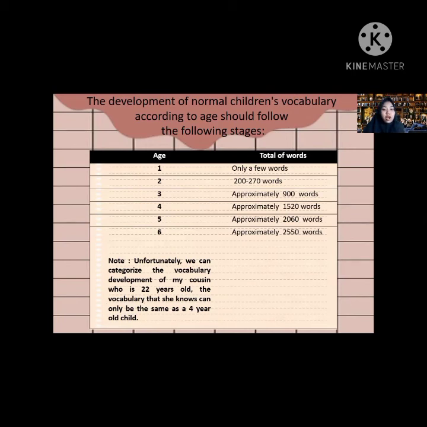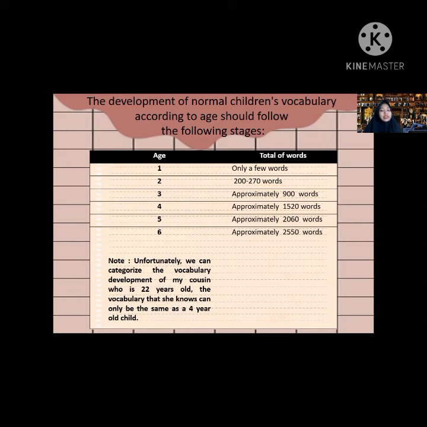And at the age of 3, the total of words should be mastered by the child is approximately 900 words. And then at the age of 4, the total of words that should be mastered by a child is approximately 1,520 words.